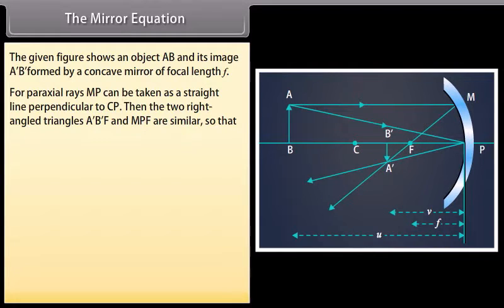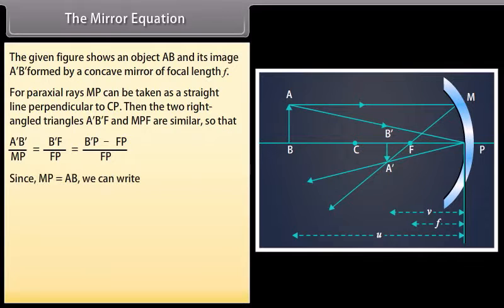Then the two right-angled triangles A'B'F and MPF are similar, so that A'B' by MP is equal to B'F by FP is equal to B'P minus FP by FP. Since MP is equal to AB, we can write A'B' by AB is equal to B'P minus FP by FP.